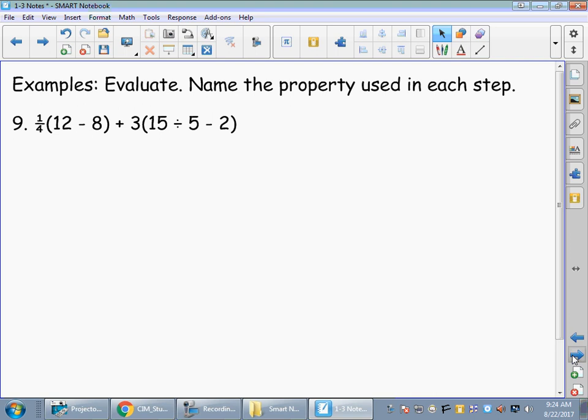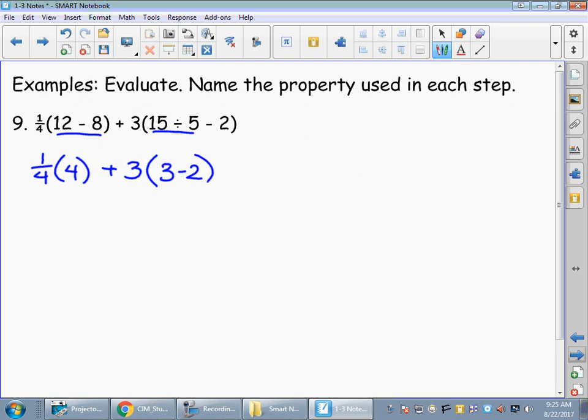So using the order of operations here, I need to do parentheses first. I can do these parentheses, and then I can also do this portion of the parentheses here since the parentheses are separate. So I'm going to have 1/4, and 12 minus 8 is 4, plus 3. 15 divided by 5 is 3, minus 2 in there.